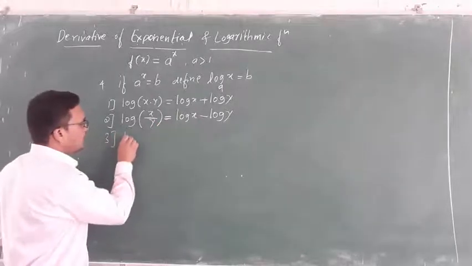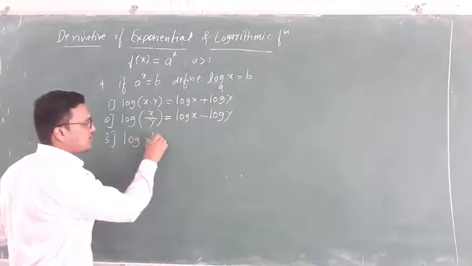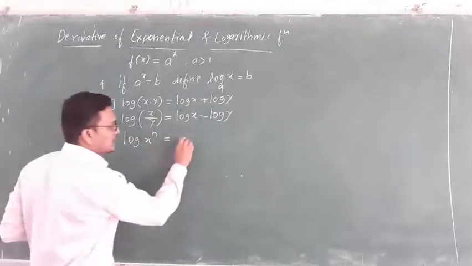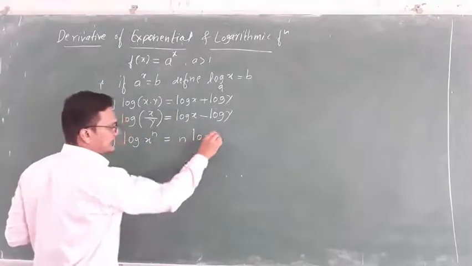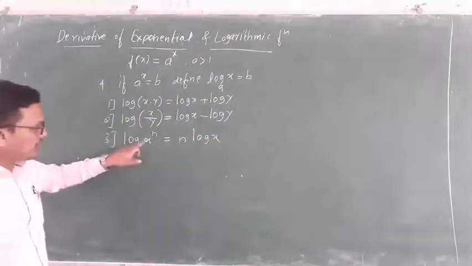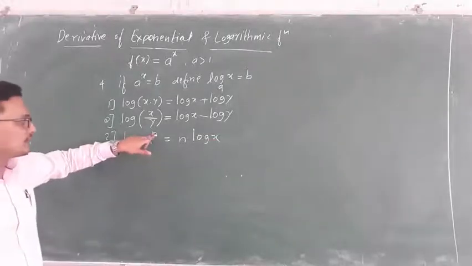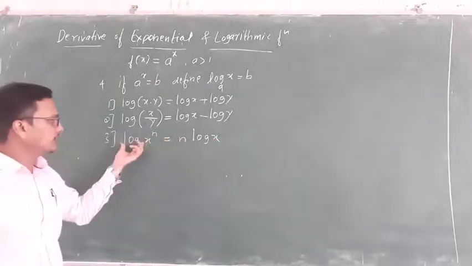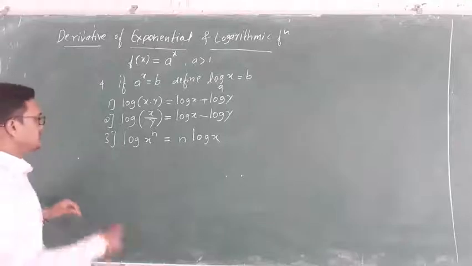Third, log of x to the power n can be written as n log x. So whatever the power is there, that power you have to multiply, and that log x you have to keep as it is.